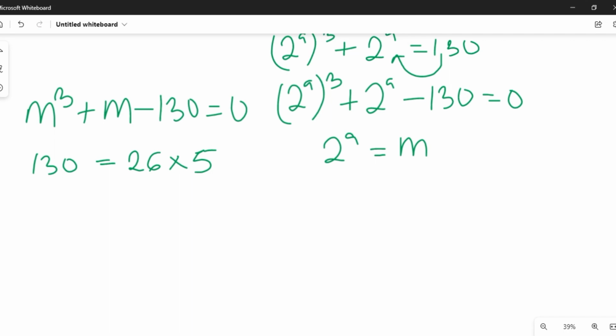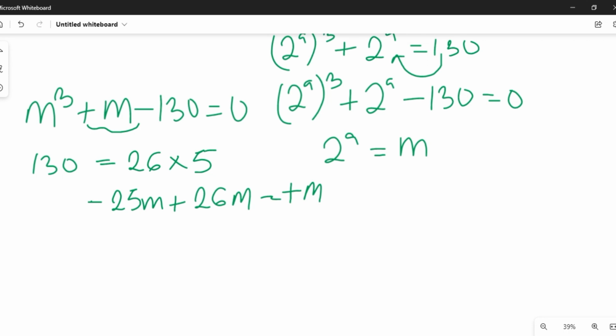Now we also check that if we look at this term plus m, we can simply look at two numbers we can bring together that can give us plus m. If we say we have 25m plus 26m, remember that can give us a positive m.